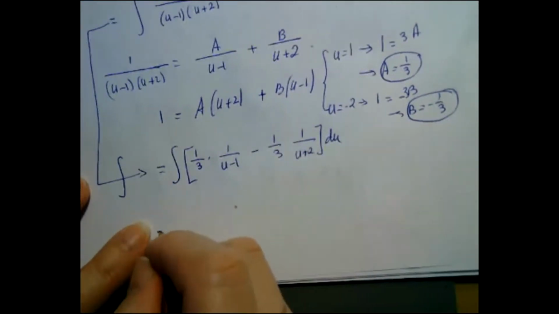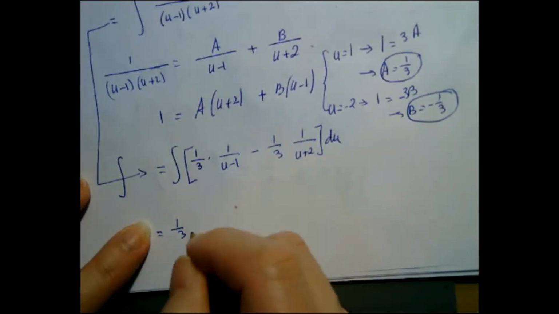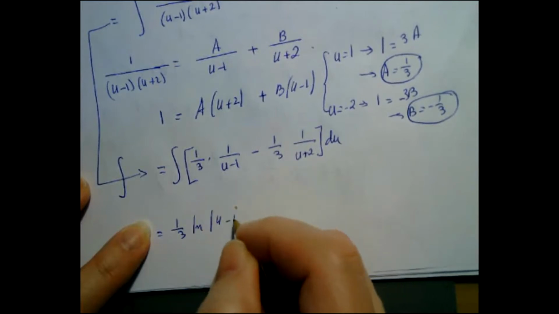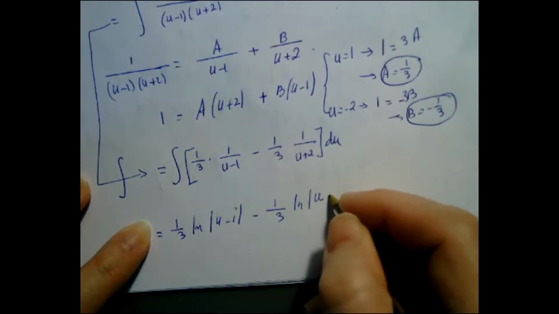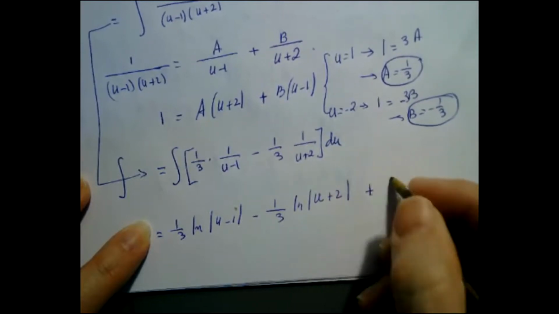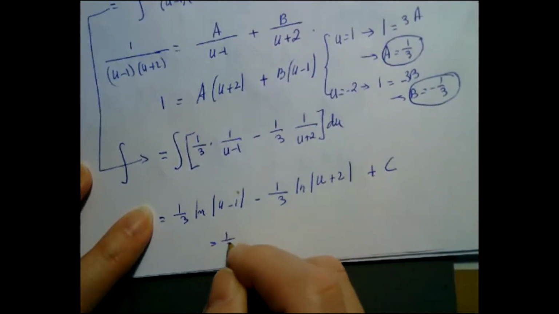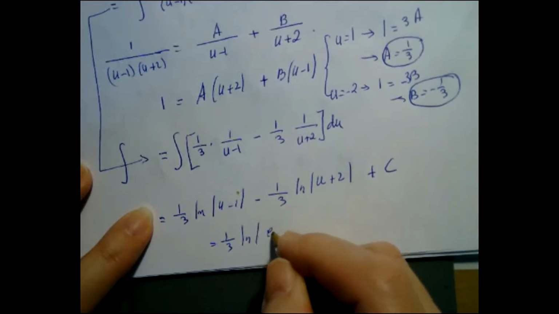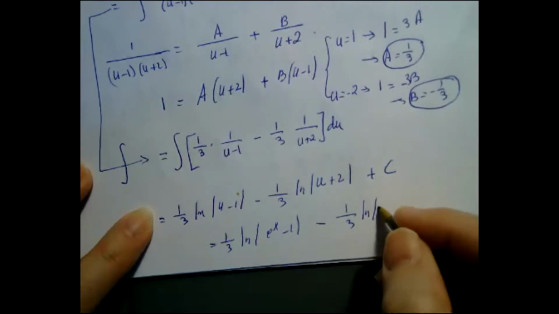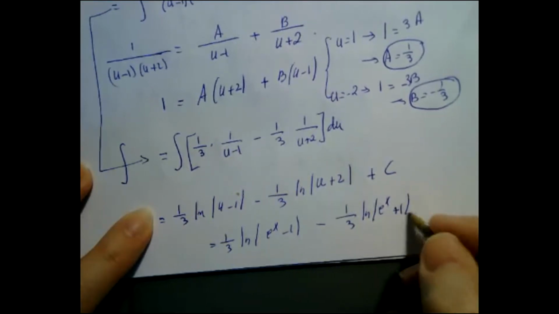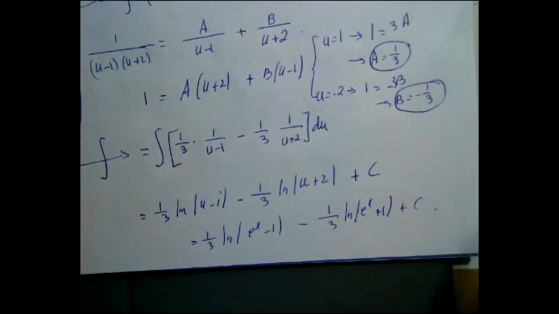So finally, I will get 1/3 ln of u minus 1 minus 1/3 ln of u plus 2 plus C. Last step is go back to the original variable. So this is a very simple substitution, which will actually get us through the problem.